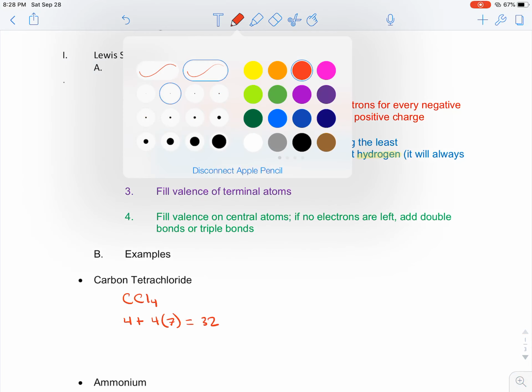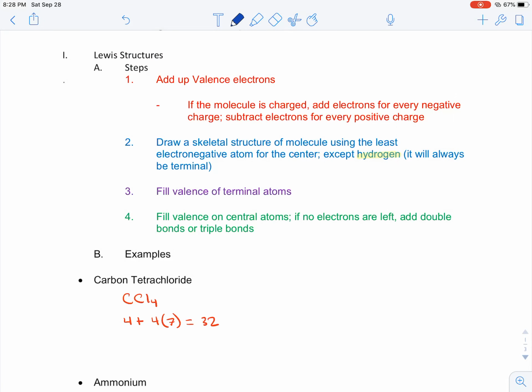So now we're ready to do our second step, which is draw the skeletal structure of a molecule using the least electronegative atom for the center. As far as electronegativity, remember that fluorine is our most electronegative element, so the closer they are to the fluorine, the more electronegative they are. So our central atom is going to be carbon.